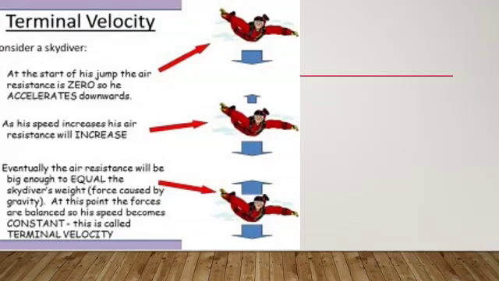Eventually, the air resistance will become big enough to equal the skydiver's weight. At this point, the forces are balanced, so his speed becomes constant, and this is what we call terminal velocity.